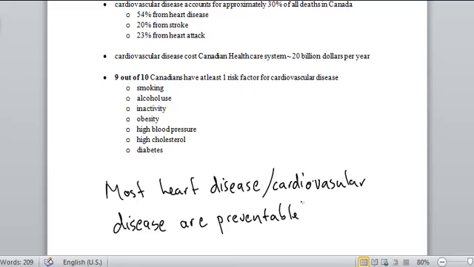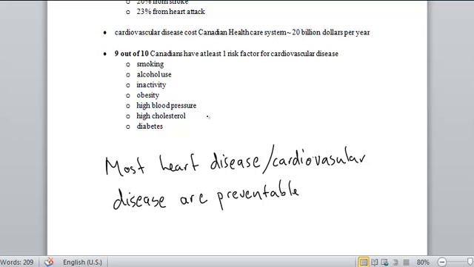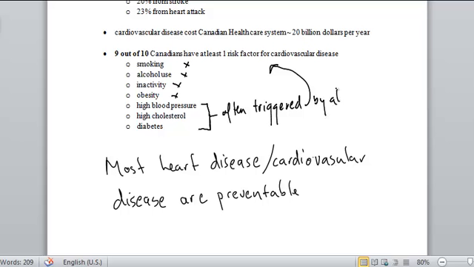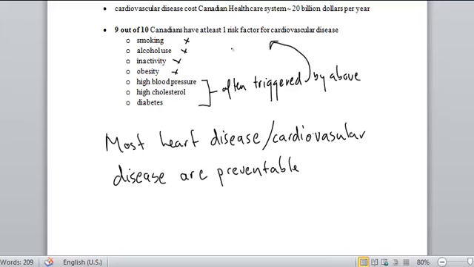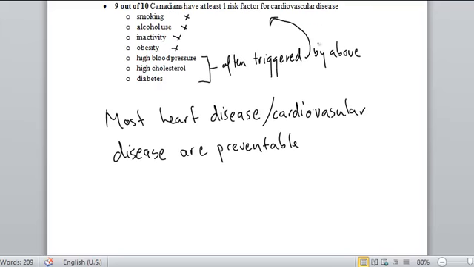Unfortunately, a lot of people have at least one risk factor for cardiovascular disease, many of which they can prevent, such as smoking, alcohol use, inactivity, obesity, and high blood pressure, high cholesterol, and diabetes are often triggered by the above. But if you have any of those signs, you are at risk for having cardiovascular disease.